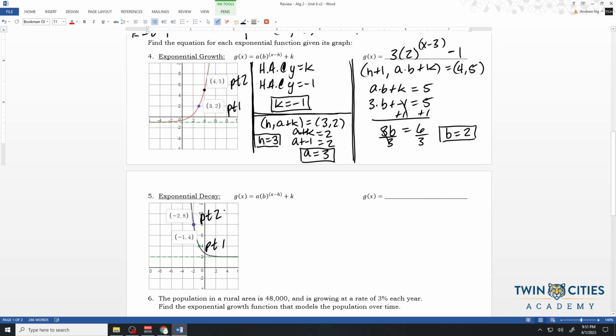I still begin with my horizontal asymptote, though. I see that my horizontal asymptote is at 2. So my horizontal asymptote is at y equals k. Here I see y equals 2. So this tells me k equals 2.